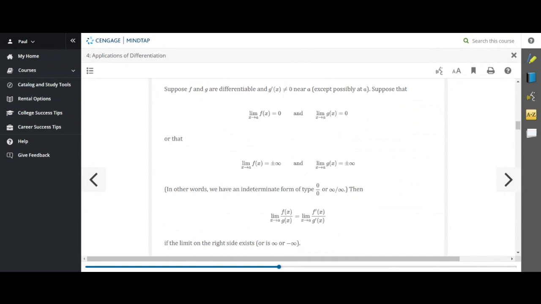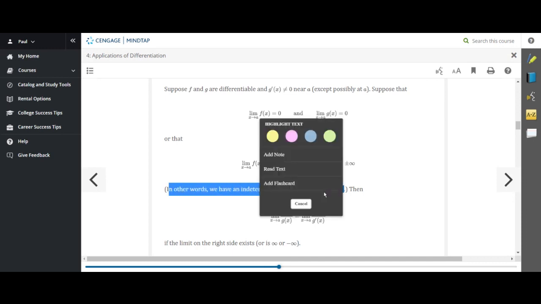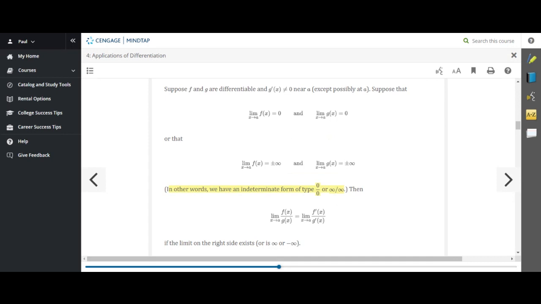Let's say both these functions approach 0 as x approaches a. Or you could have a situation where both functions approach plus or minus infinity as x approaches a. Then if you're looking at the limit of the ratio of f divided by g as x approaches a, you have an indeterminate form.